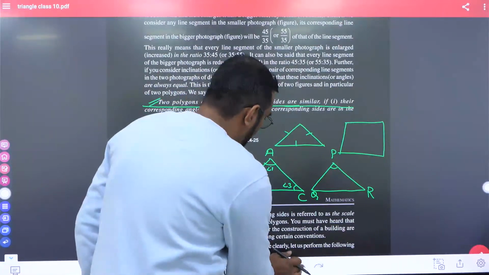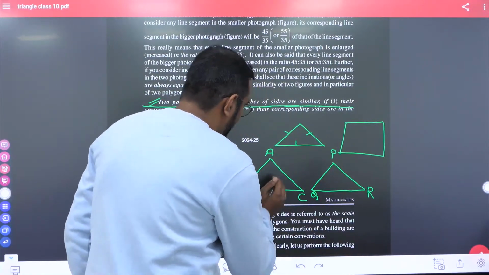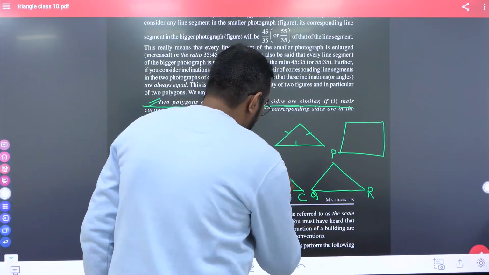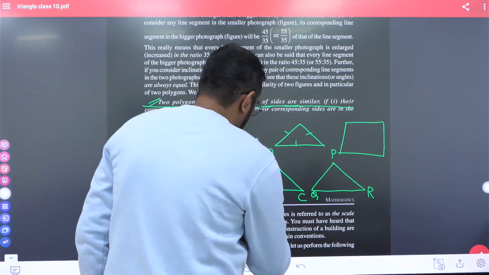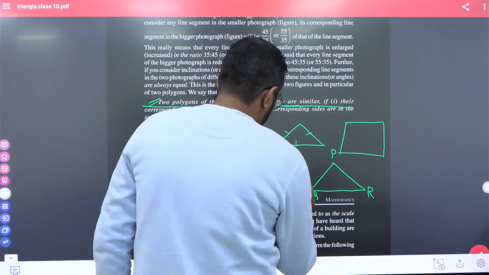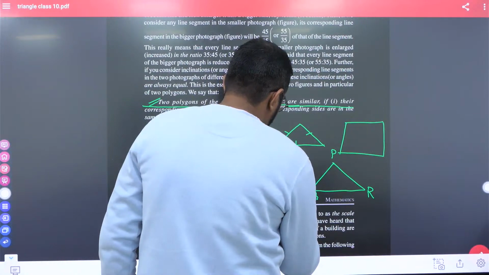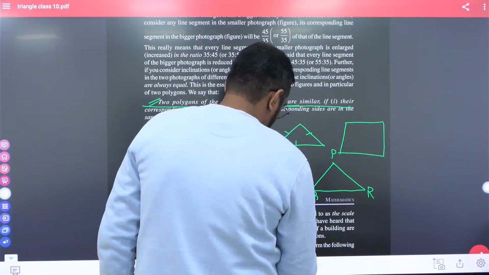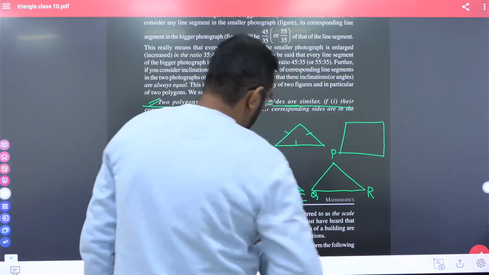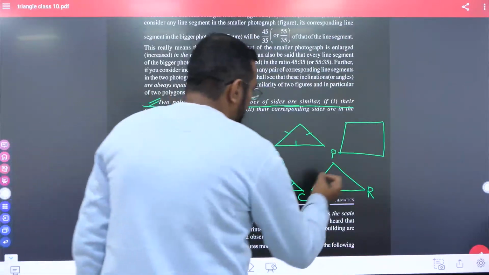Let me take another example. Suppose here this angle is 60 degrees, this one is 70 degrees, and this is 50.